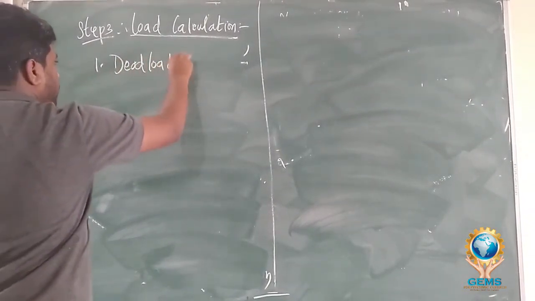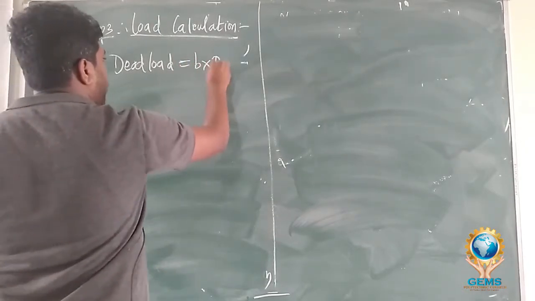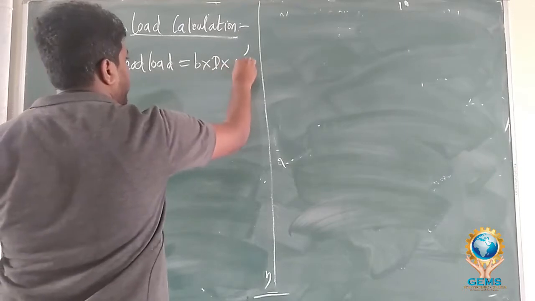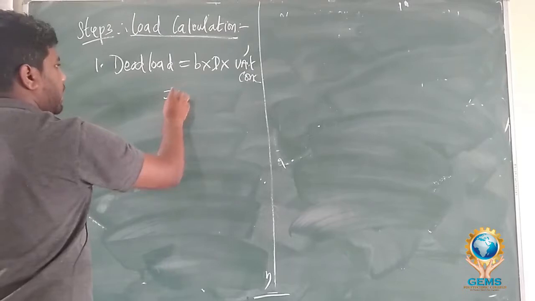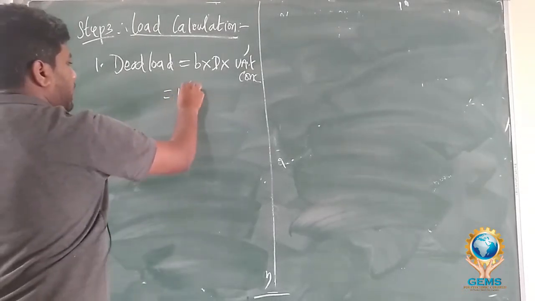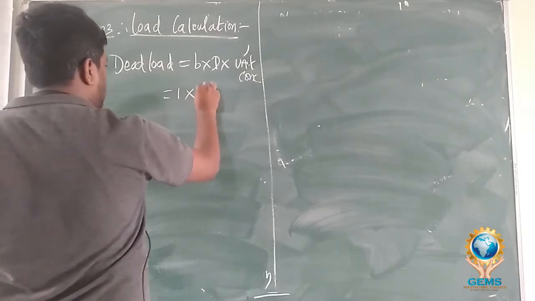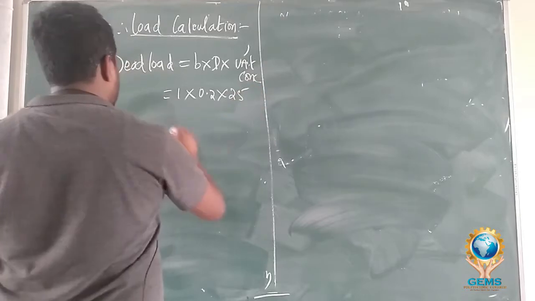Dead load is equal to B into effective overall depth into unit weight of concrete. Always you will calculate in meter. So B is 1 meter into effective overall depth 0.2 into unit weight of concrete 25.